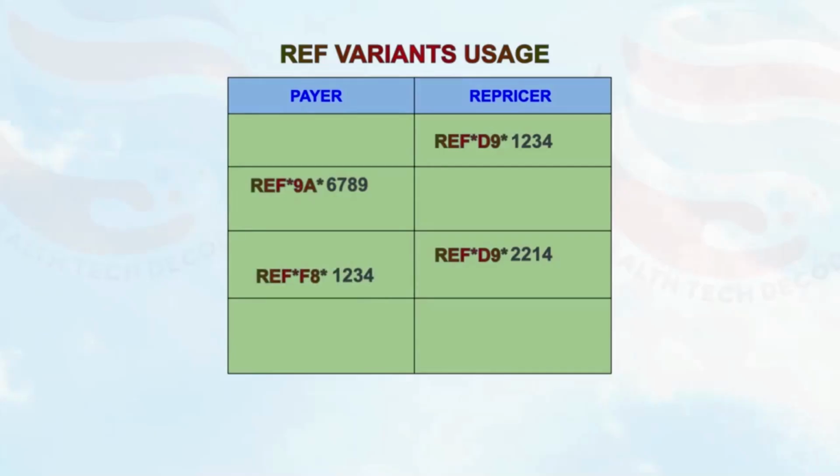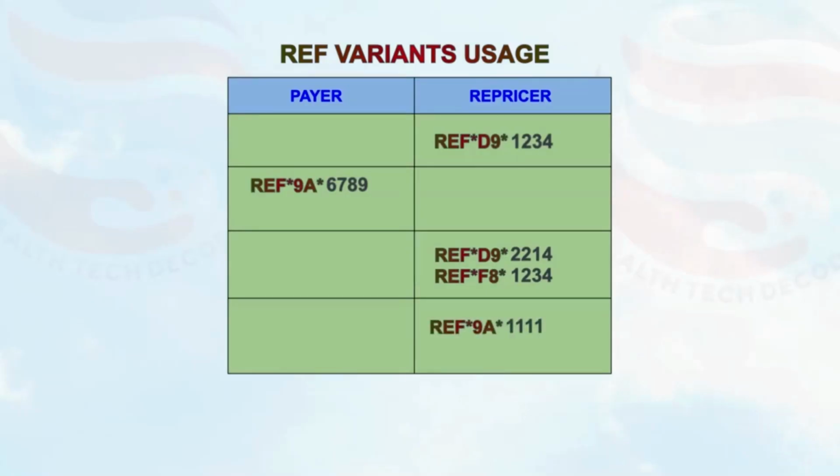Because this claim is a repetition going back to the repricer, the payer will send REF F8 equal to 1234, because 1234 was the original claim ID when it was sent to the repricer for the first time. So REF F8 will have 1234. Now the repricer sends back the repriced results with REF 9A again.